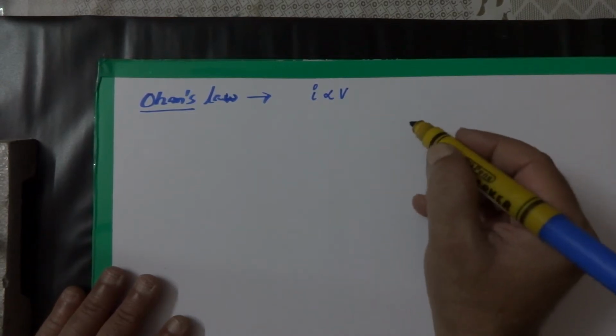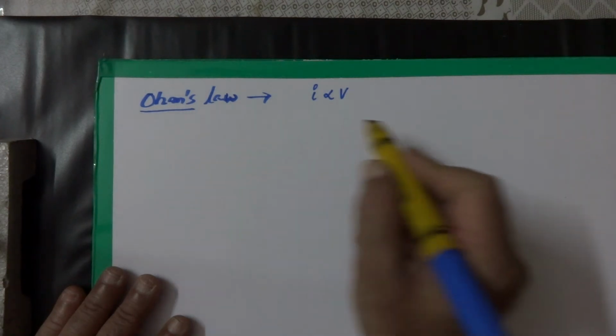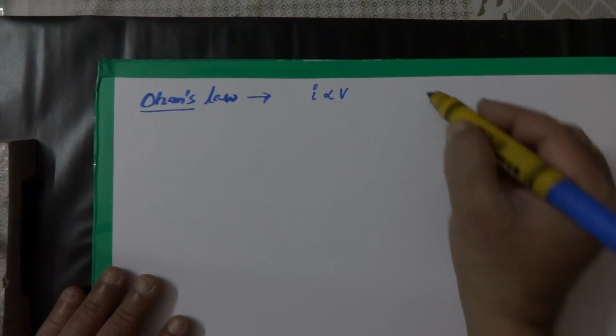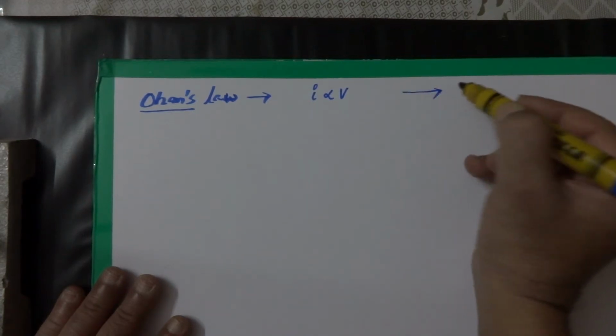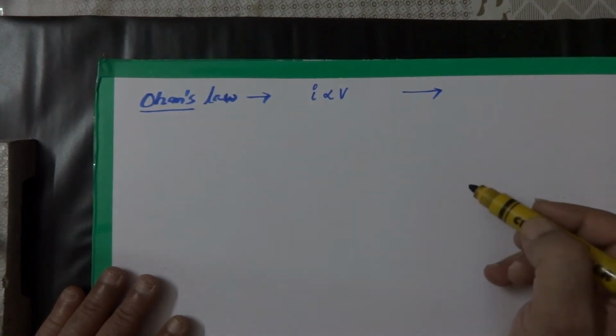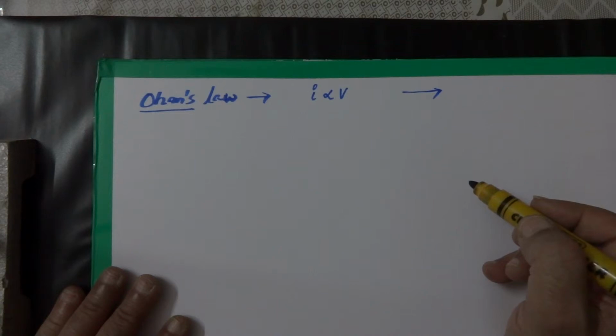Let me repeat Ohm's law. At constant temperature and pressure, the current passing through the conductor is directly proportional to the potential difference applied across the two ends of the conductor.